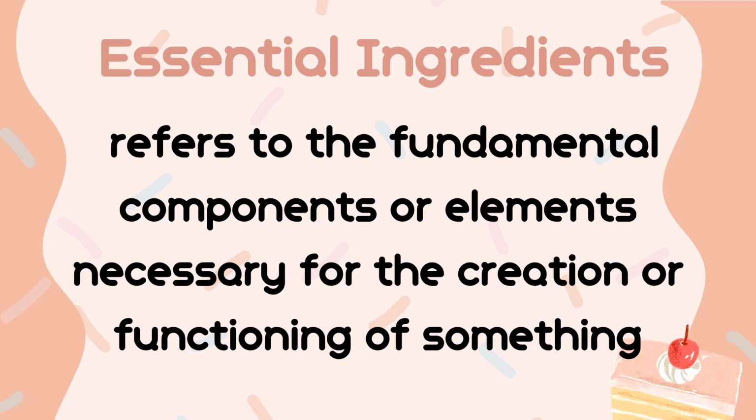So when we talk about the essential ingredients, it's about basic things needed to make something work properly. So when we are going to make a cake, we need these essential ingredients for us to have a finished product.